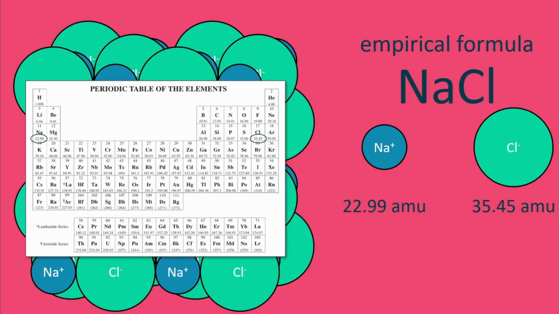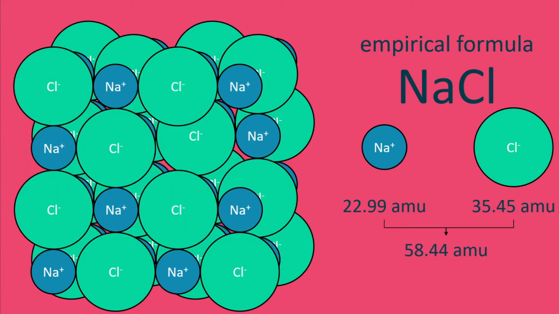It doesn't really matter because with percentages, your units cancel out anyway. So we get our total mass, and then we take each individual portion and divide it by the total to give ourselves a percentage. And we can see we have 39.34% sodium in this compound and 60.66% chloride.